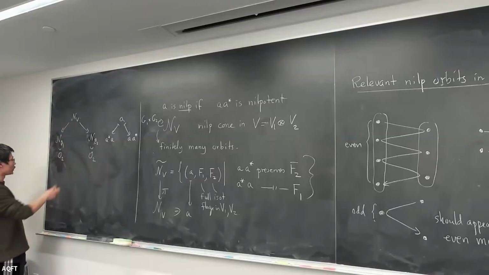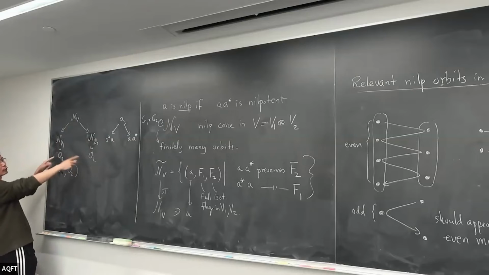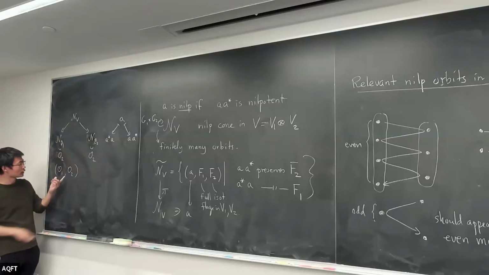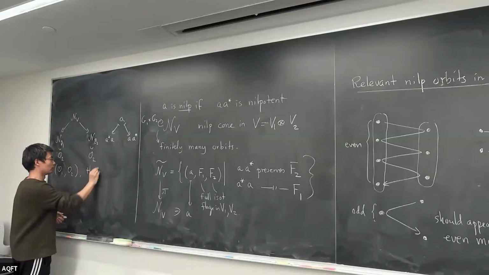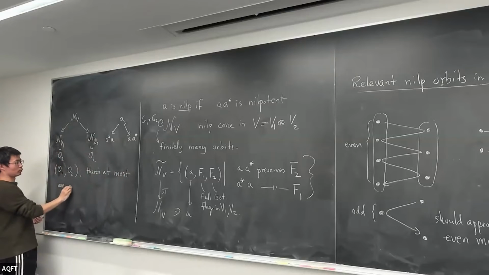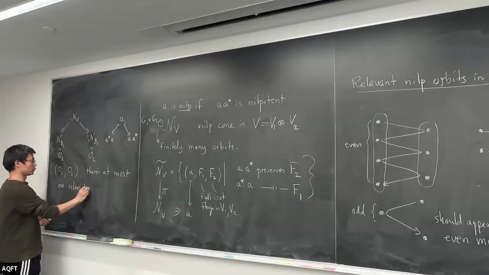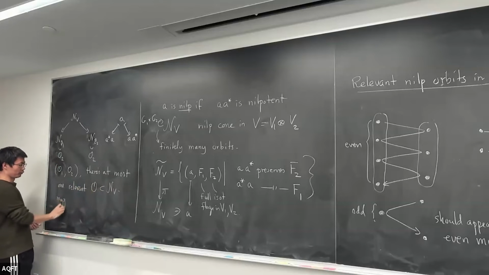But for relevant, so for each O1 and O2, so this is a pair of nilpotent orbits in the two algebras, there is at most one relevant nilpotent orbit mapping to them.